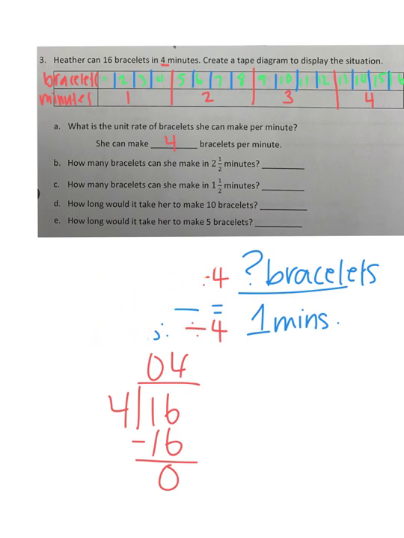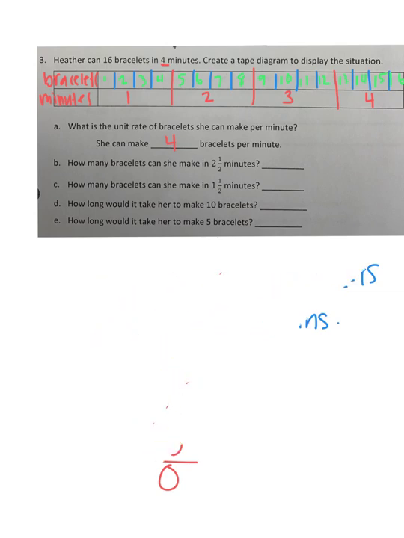So B says, how many bracelets can she make in 2.5 minutes? We're looking at our minutes row, and we're going to 2 1/2. There's our 2, but we have to go over all the way to 2 1/2. She can make 10 bracelets in 2.5 minutes.